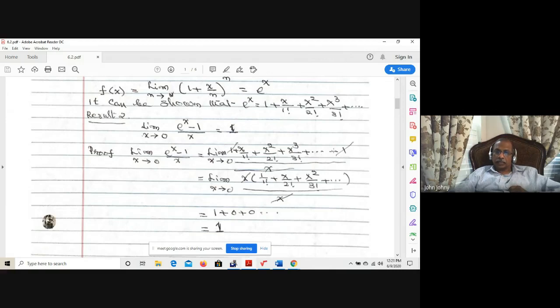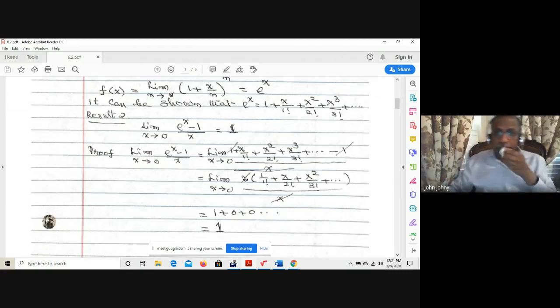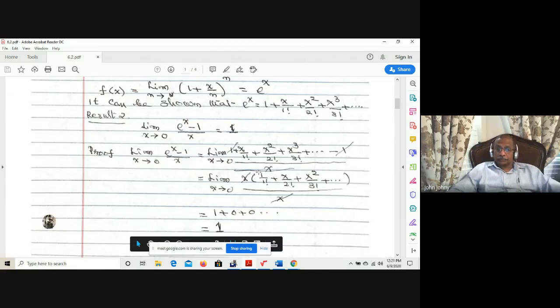Now 1 cancels, and from the rest of the terms you pull out an x. So it becomes x times (1 over 1 factorial plus x over 2 factorial plus x squared over 3 factorial, etc.). Now substitute x is equal to 0. So you get 1 over 1 factorial plus 0, 0, 0, etc. So the answer is 1.